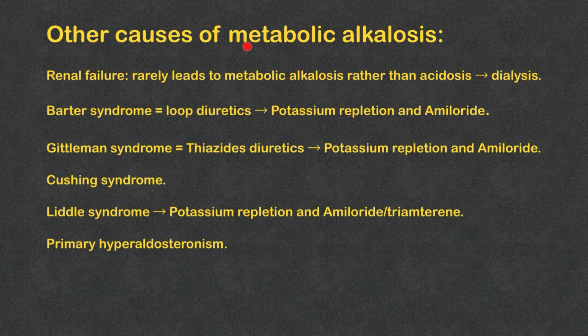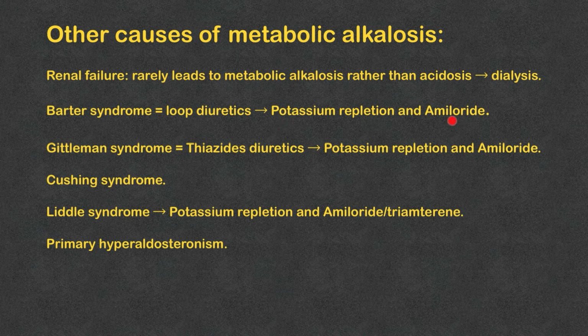Now, other causes of metabolic alkalosis that you will rarely see: renal failure. We always say renal failure leads to acidosis, but rarely it may lead to metabolic alkalosis instead. Usually these patients are in advanced renal failure and need dialysis, so consult nephrology. Bartter syndrome, we said it's as if you give somebody loop diuretics, causes hypokalemia, and it can cause metabolic alkalosis.